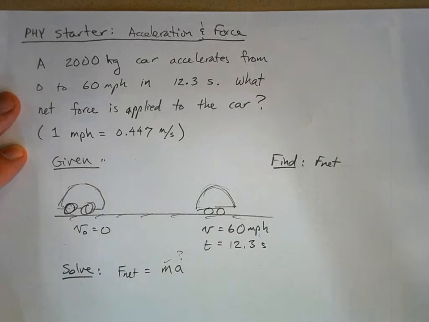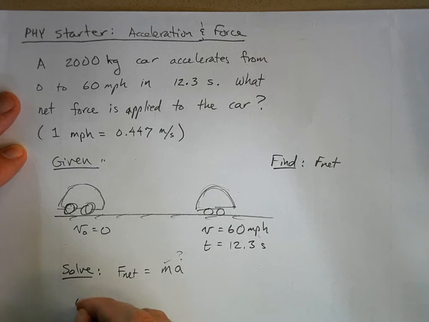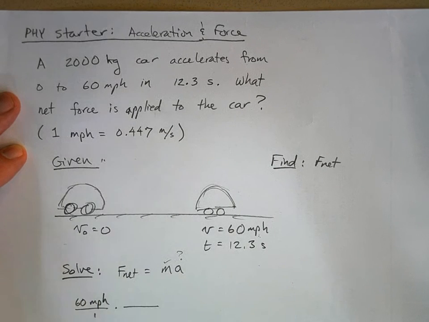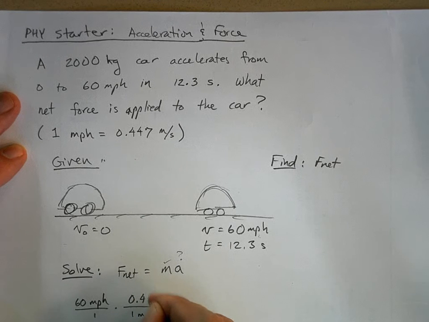But this is bad. Miles per hour. We have to convert it because we have to do everything in meters per second. So 60 miles per hour. I asked Siri, and Siri told me that 1 mile per hour was equal to 0.447 meters per second.